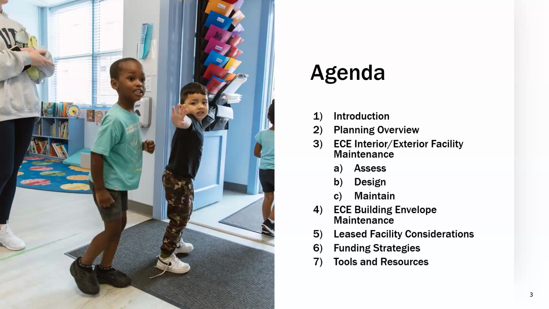We have a partner with us from IFF who's going to be talking about some building envelope maintenance. We'll get a little bit into some leased facility considerations for those of you who might lease a space, funding strategies, and then again, we'll be leaving you with some tools and resources.